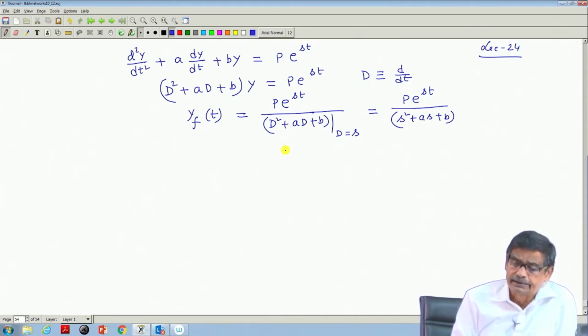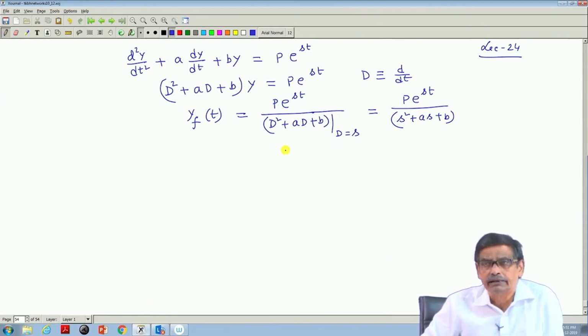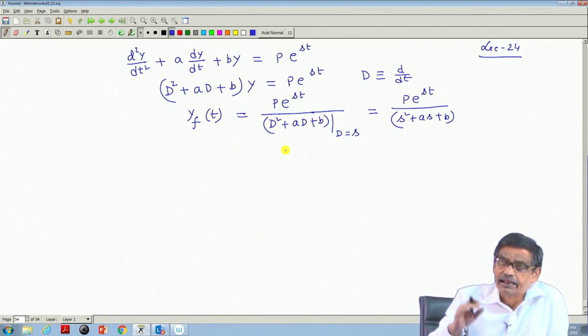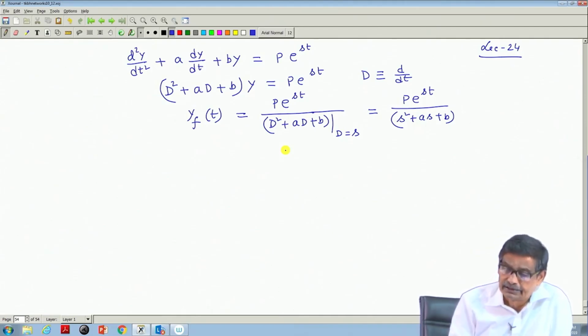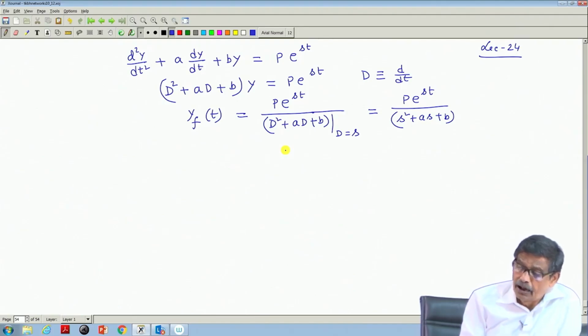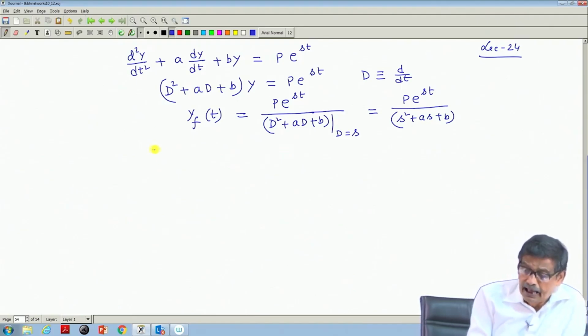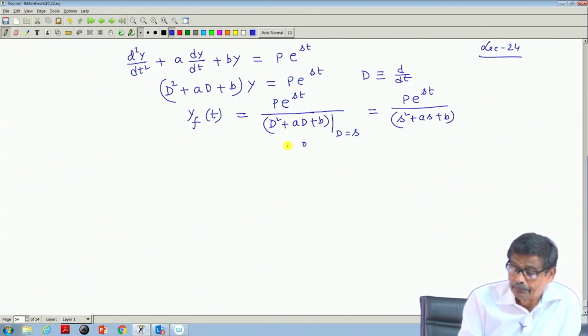Now, I started telling you that if the right hand side is a sinusoidal excitation or a constant value, then the solution due to forcing function can be easily calculated using this. Suppose I recall that problem and try to apply that.